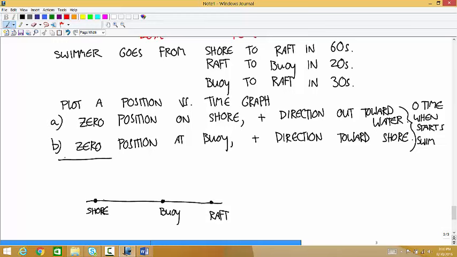Okay, so the first thing the swimmer does is this. Starts out at the shore, goes to the raft. The next thing is this.